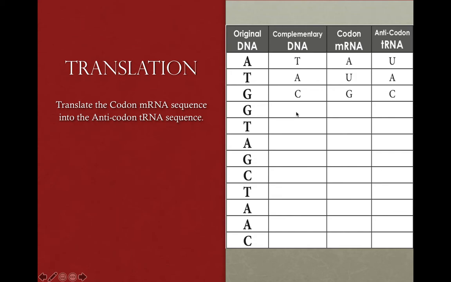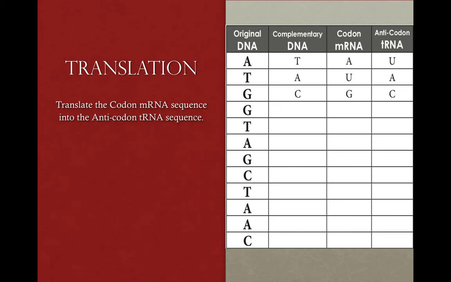So this would be G, C, G, C. Where this T is, it would be T, A, U, A. A, T, A, U. G, C, G, C. C, G, C, G. T, A, U, A. A, T, U, A, T, A, U, A, T, A, U, C, G, C, G.